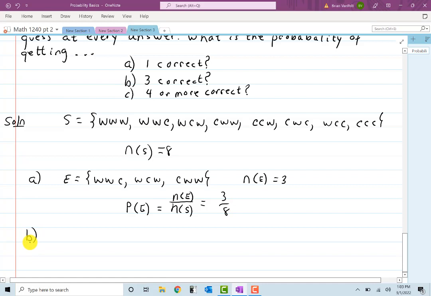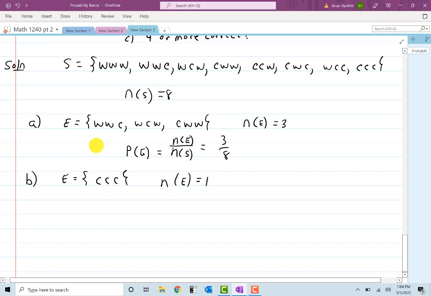For part B, to get 3 correct, our event is only going to be the single solitary item, 3 C's. So N of that is equal to 1, and the probability of that equals 1/8.